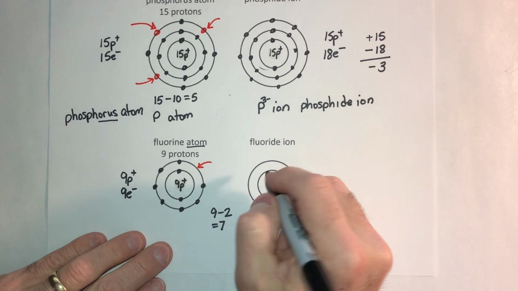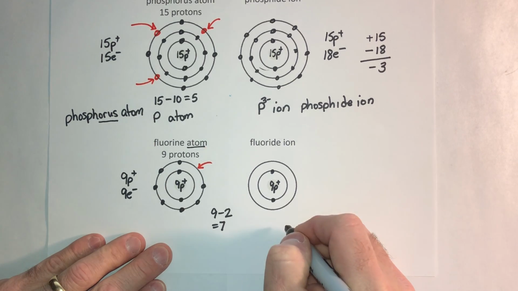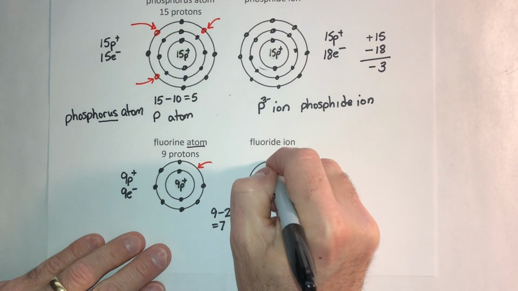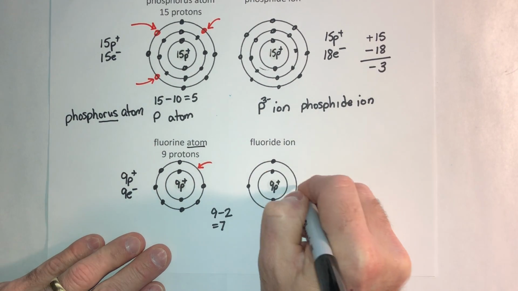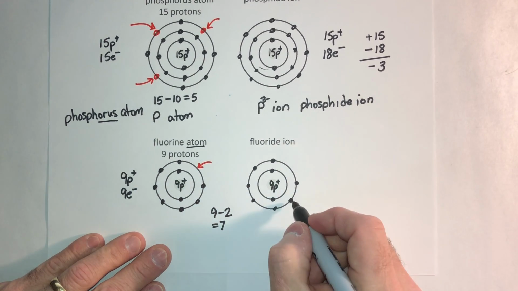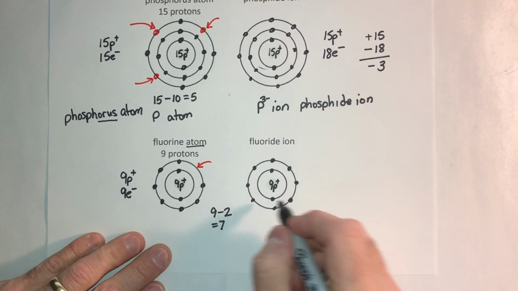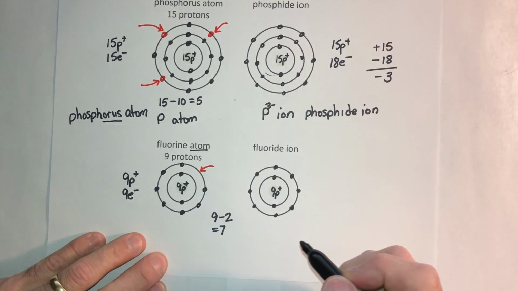So if we redraw, 9 protons, the 2 in the first ring are still there. The original 7 valence electrons are there. And this outer ring would like to have 8, and we've decided that we're going to give it 1 more. So now the outer ring has 8 valence electrons.